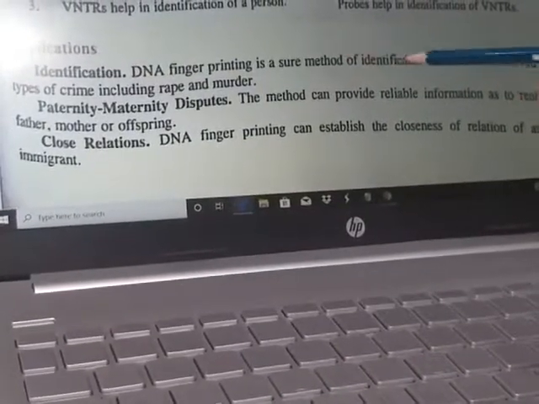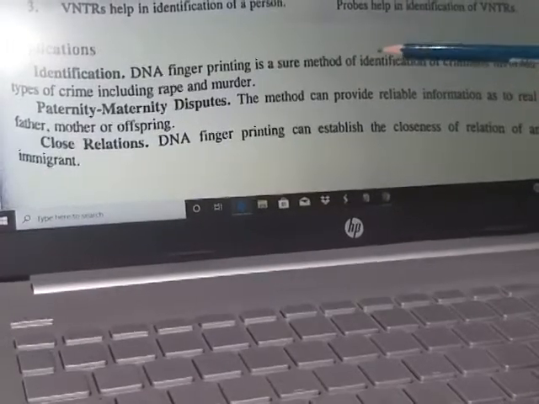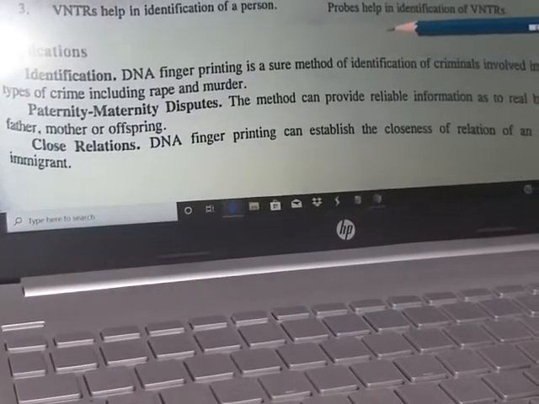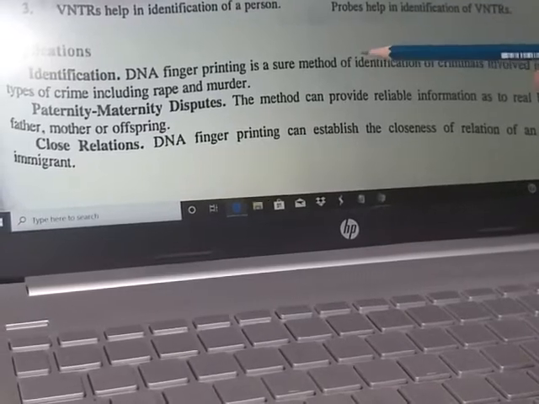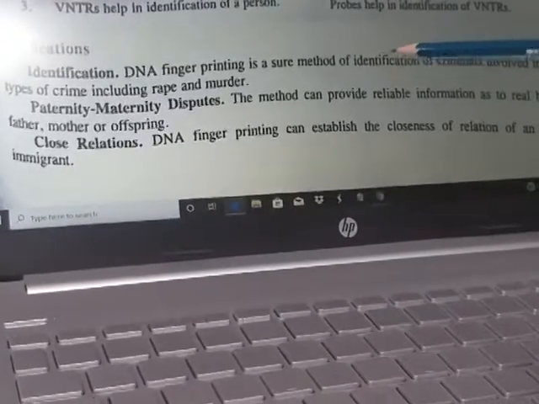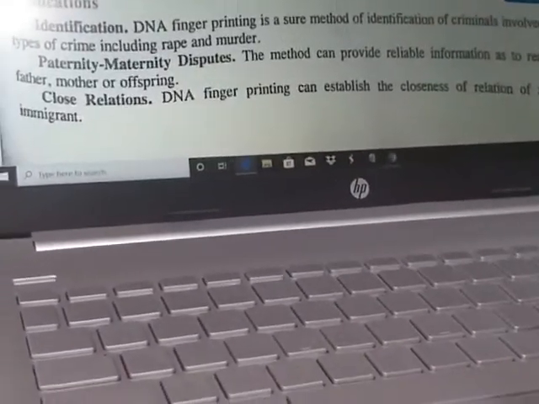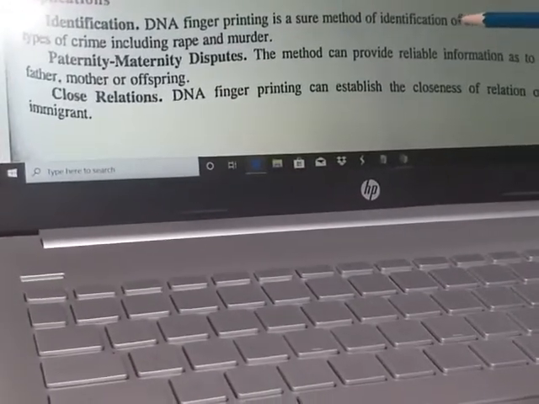There will be many suspects, and wherever the sample shows matching, suppose there are 3 suspects, there it gives us the correct clue.